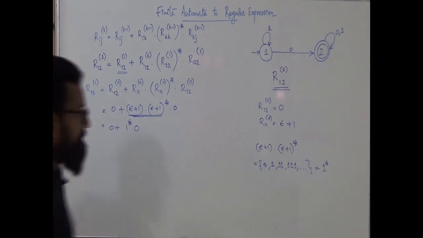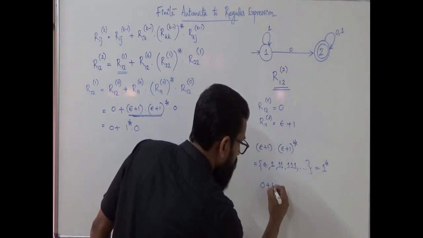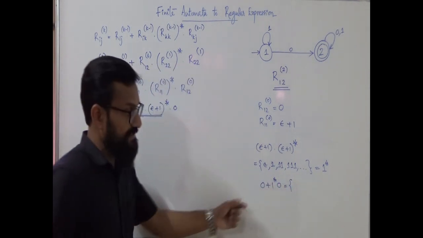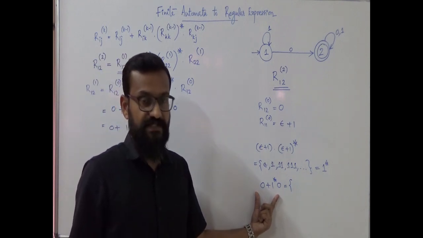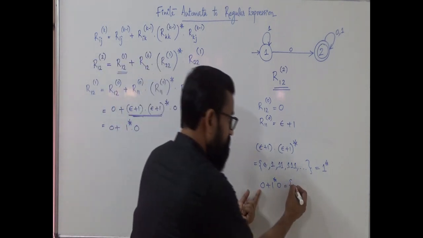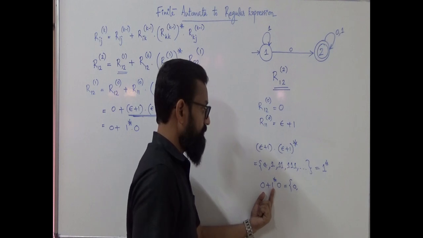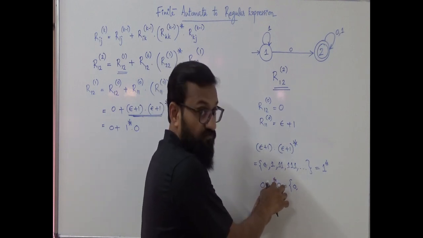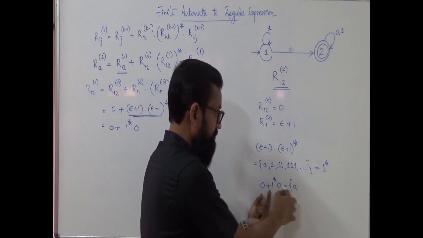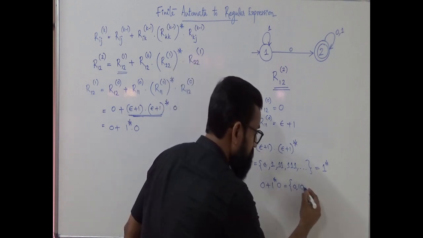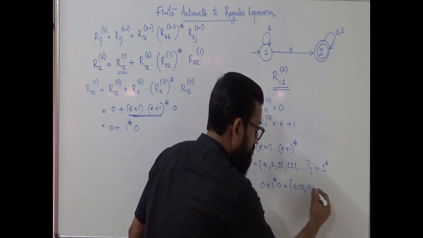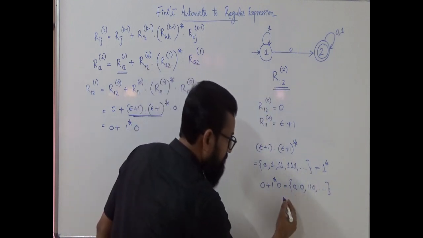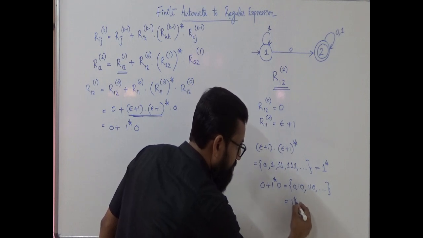Now again, if you consider 0 or 1 Kleene closure 0, what about the set of strings that can be generated using this regular expression? The minimal string is 0. Then if you take 0 occurrences of 1, the result is 0. That is already here. Now you can have 10, 110, etc. So this is actually equal to 1 Kleene closure 0.